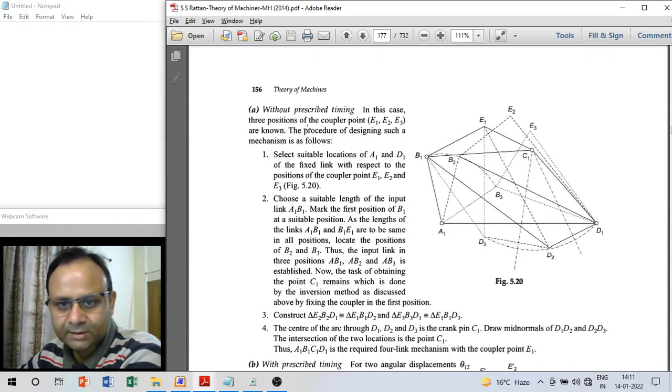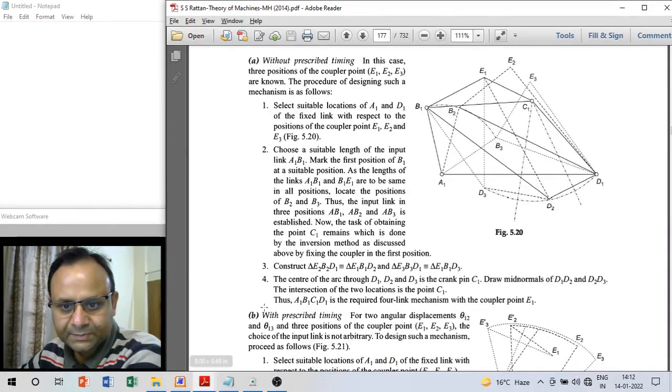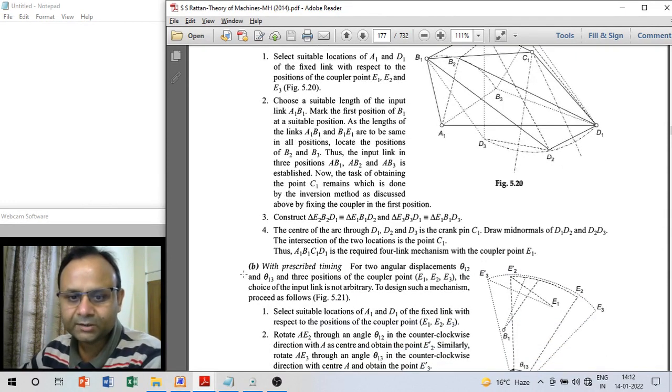And in this, A is the description without prescribed timing, and the steps I already explained to you. And there is another part to it which is with prescribed timing, so let us go through that also.